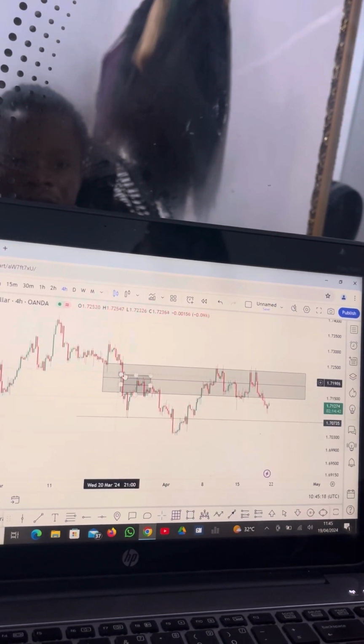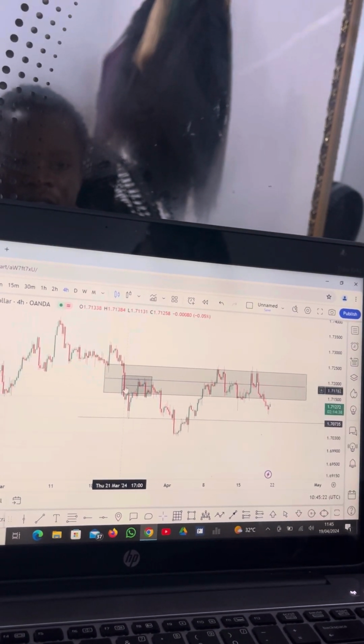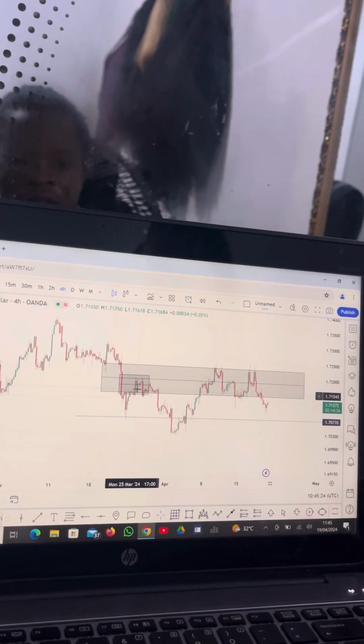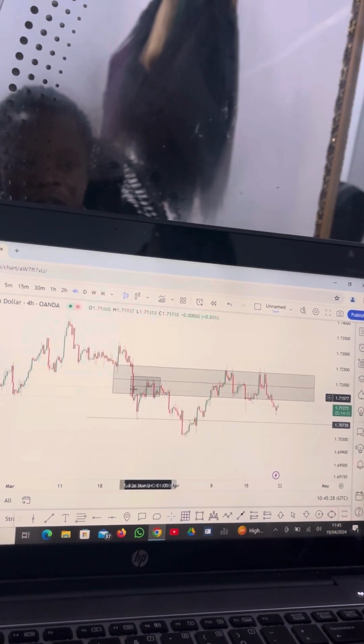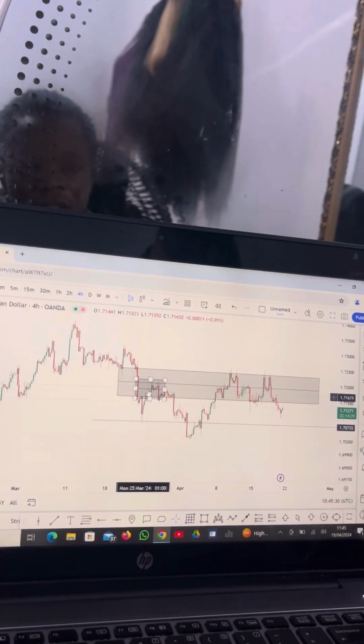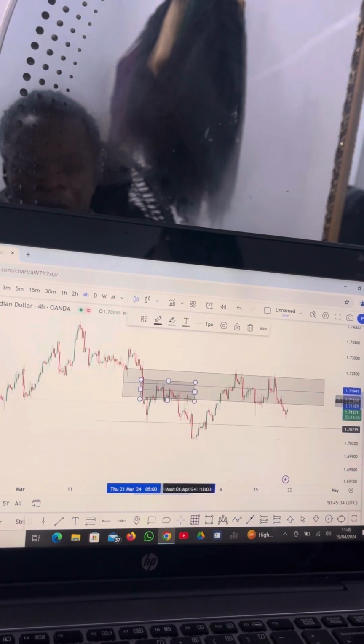You see, from this first and third candlestick, here is a nice fair value gap. So that is to tell you that yes, the market will still come back to fill all this imbalance, and then come back to my direction.